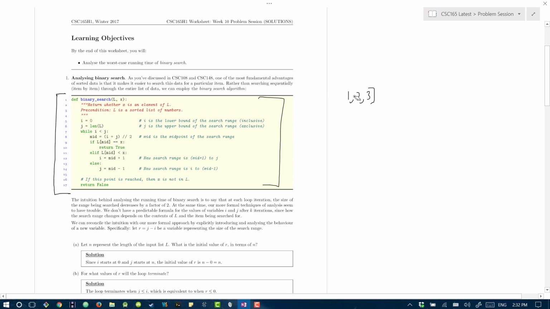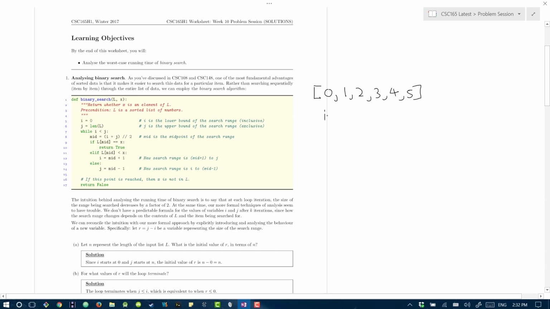Okay, so welcome back. Let's just do a quick example of how this code works. You have a list, and let's say this is the input list: 1, 2, 3, 4, 5. Okay, so i is going to be 0.